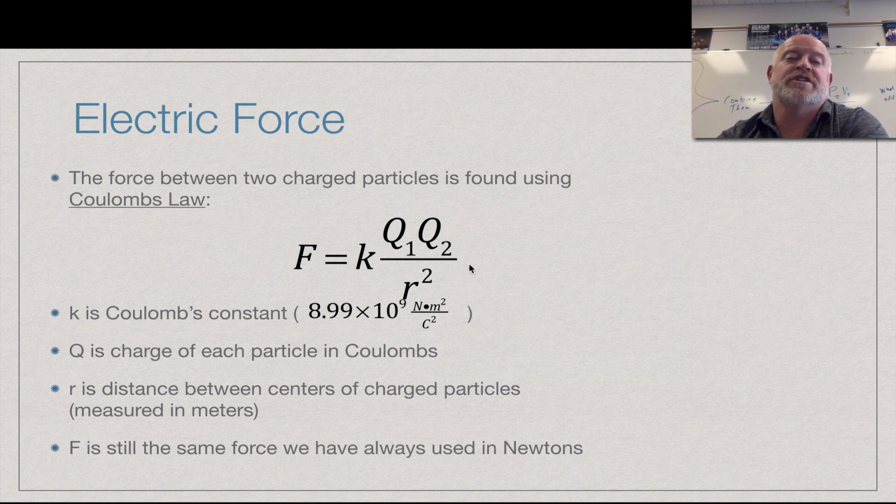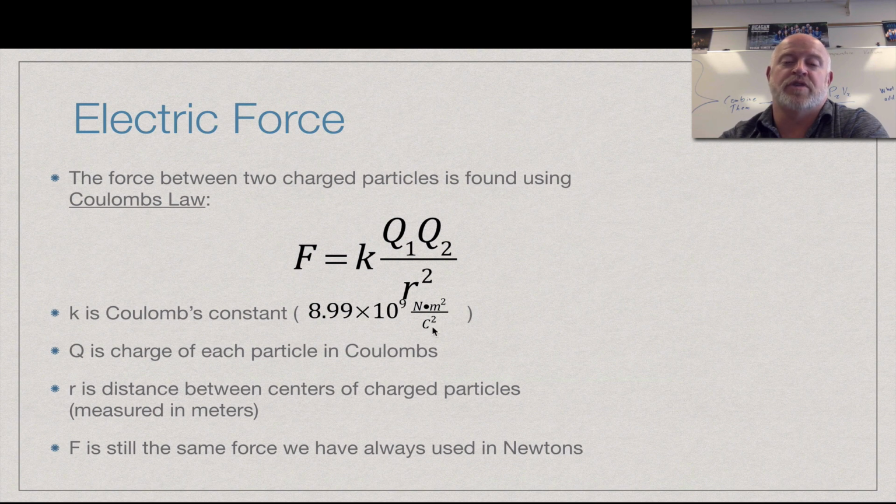Essentially, you take the charge of the 2 particles, multiply them, divide by how far away they are squared, and take that times a universal constant, and that will tell you the force we have.